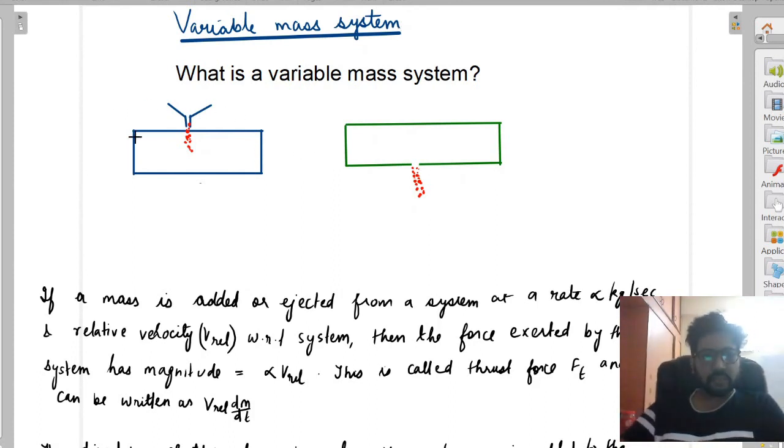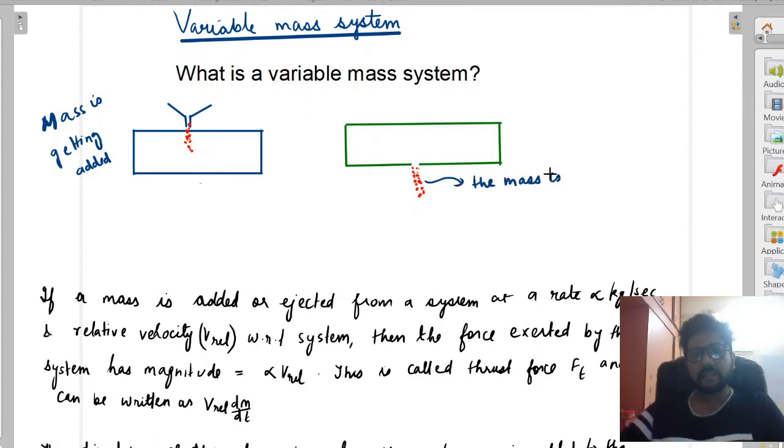Suppose in any system, so this is your system, mass is getting added, or suppose the mass is getting ejected. So here the mass is getting added, and here the mass is ejected.